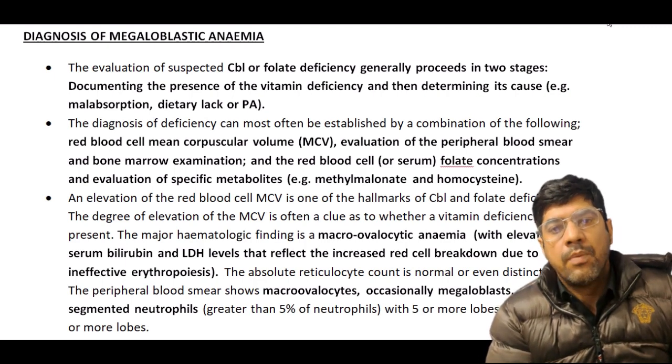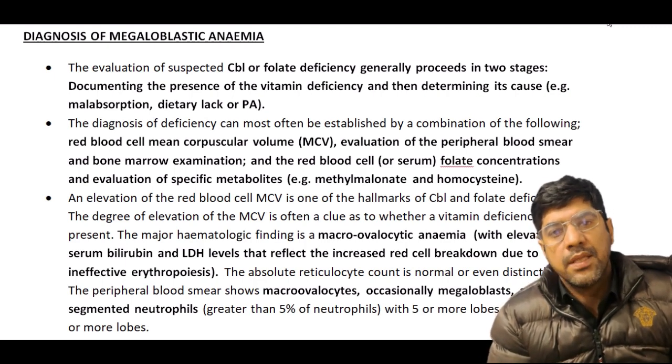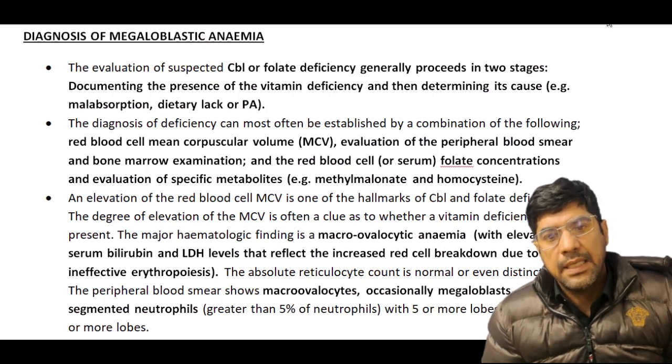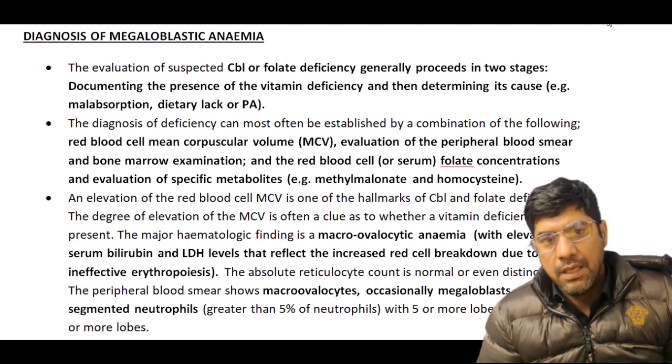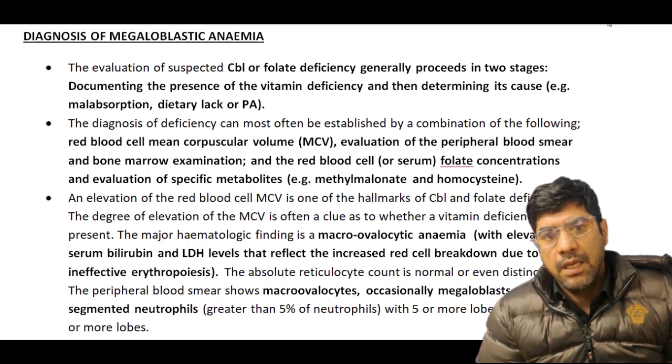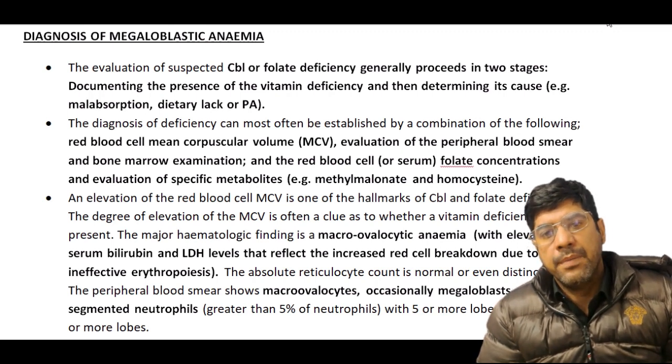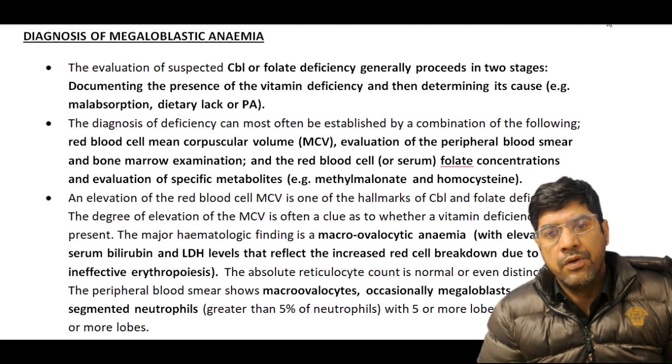So when the cobalamin levels, remember, are more than 300 picogram per milliliter, that is normal. But when the levels are 200 to 300 picogram per milliliter, that's borderline, and less than 200 picogram per milliliter is considered low, indicating cobalamin deficiency.